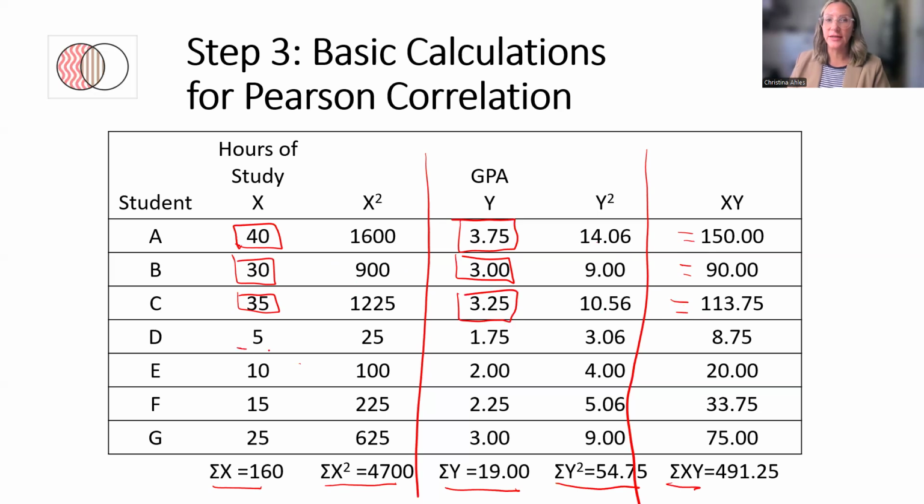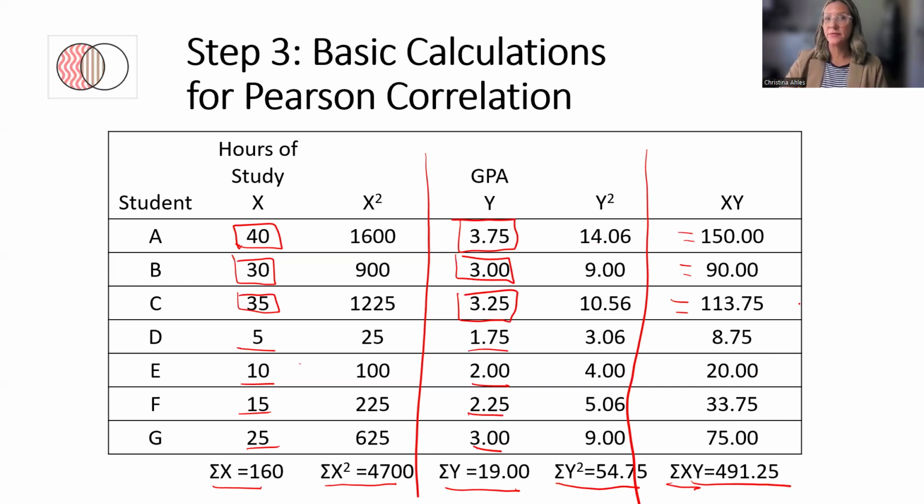So you do that for each of these x variables multiplied by the y variable to get each xy, the product of x and y. Once you get the product of each x and y value, you add those up, and that gives you your sum of the product of xy, 491.25. Once you have all of those, you can start calculating your Pearson R obtained test statistic.